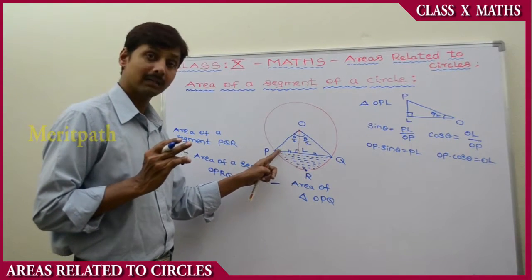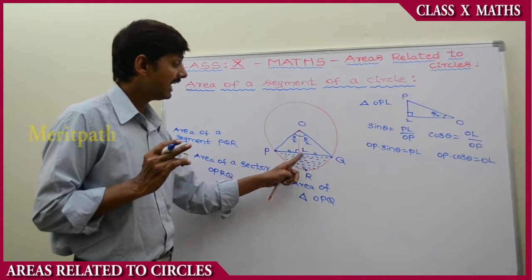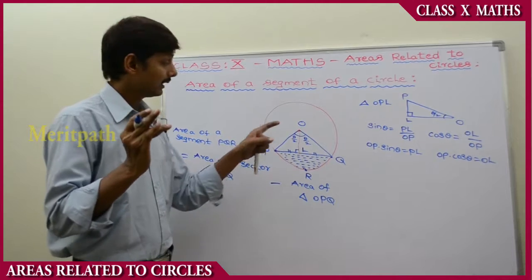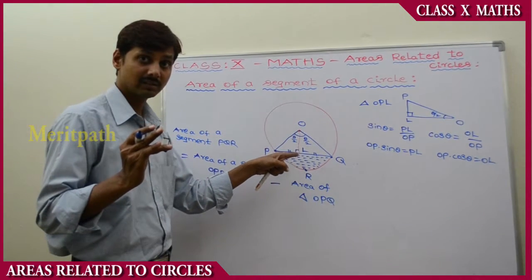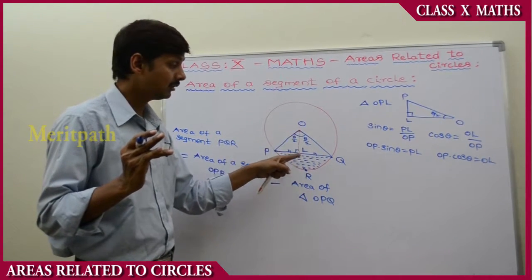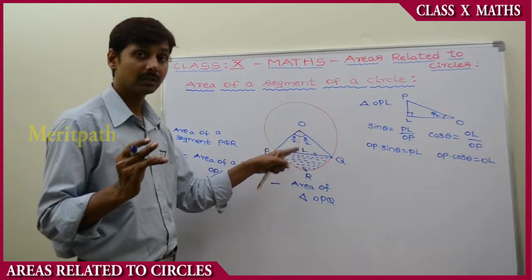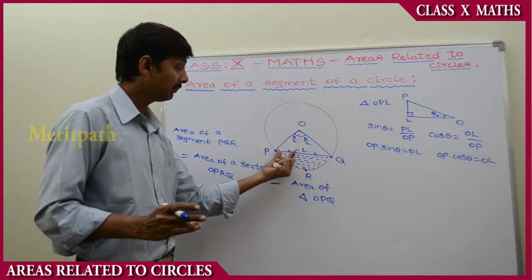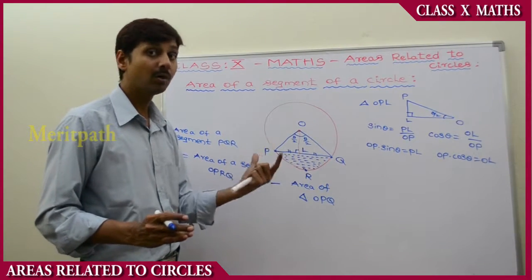PL and LQ together make PQ, but we know that the line drawn from the center to the chord bisects the chord. So PL and LQ are equal.